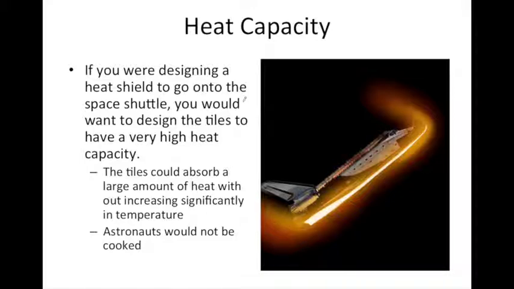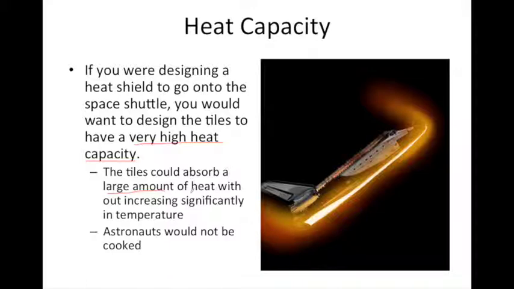So if you were designing these heat shields, you would want to design heat tiles that had very, very high heat capacities. That means that they can absorb a large amount of heat before the temperature of those tiles will increase by 1 degree Celsius.